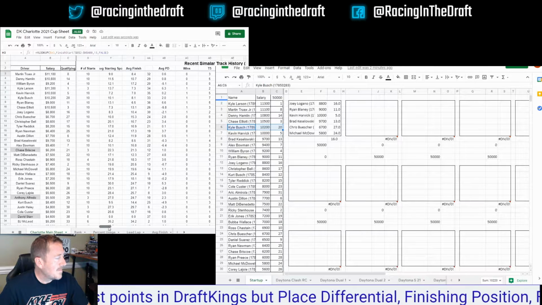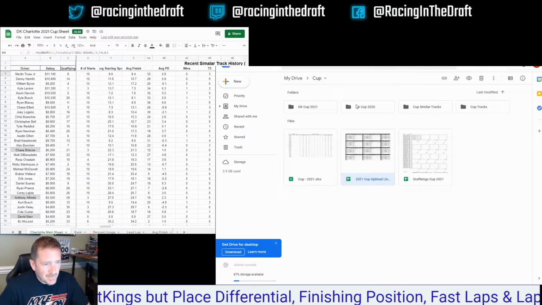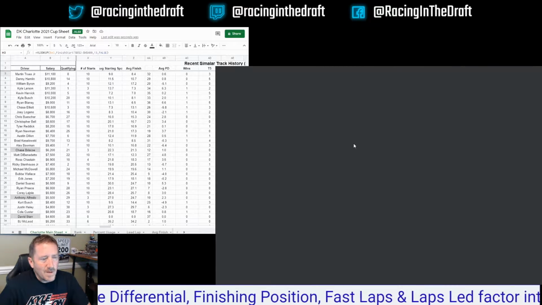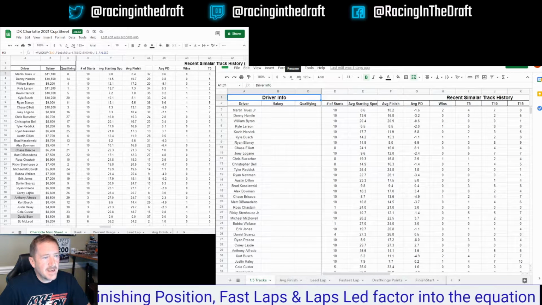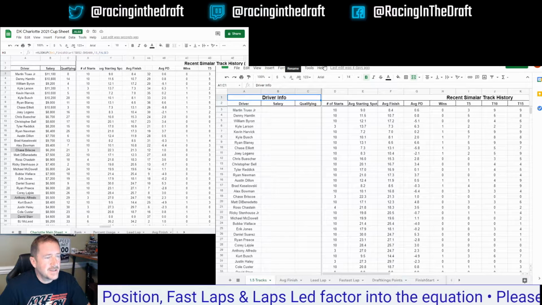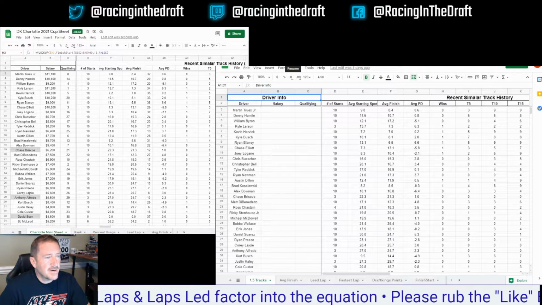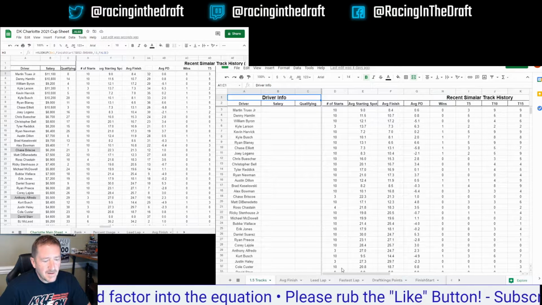What this is looking at is, we can pull this up over here, similar tracks, 1.5 miles. It's showing Charlotte, Kansas, Kentucky, and Texas. Kentucky is still prominent because they raced there last year. That will eventually fall off.